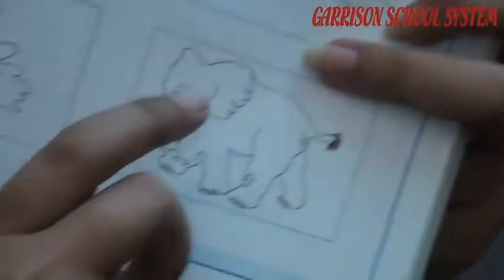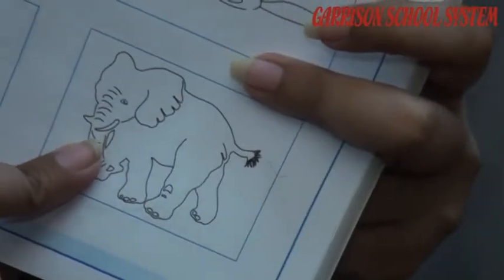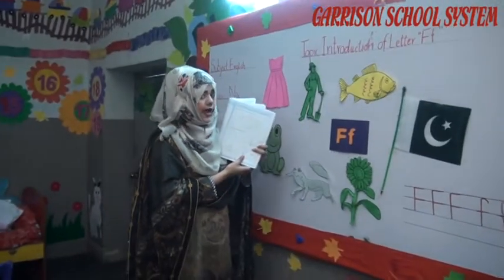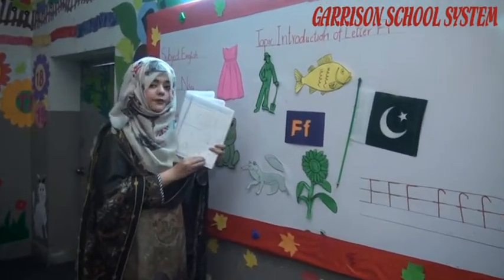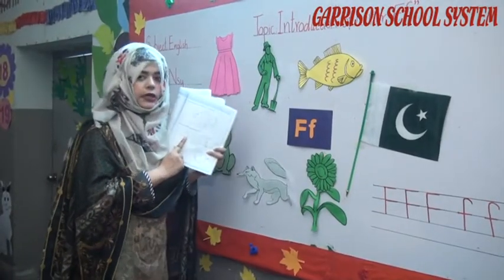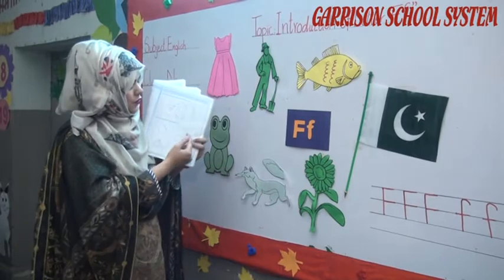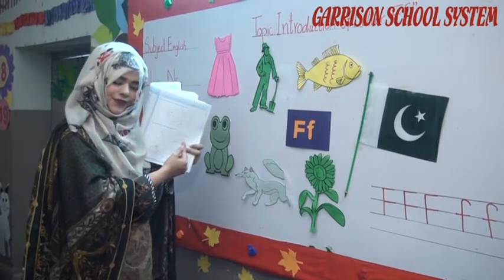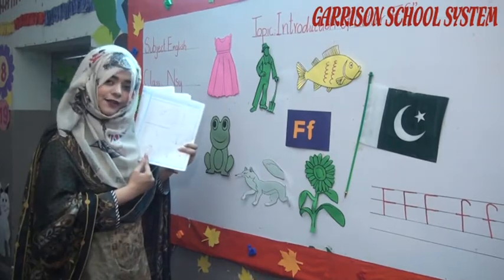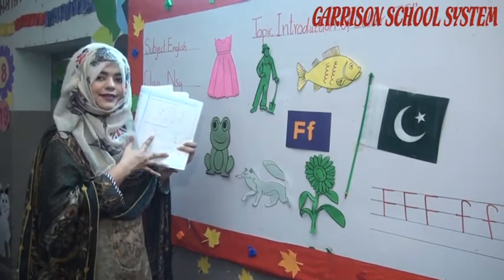Here's a picture of an elephant. Elephant starts with E, so E for elephant. It doesn't start with F. So you are not going to color the elephant or the apple. You are just going to color F for fan and F for frog. Leave the other boxes.